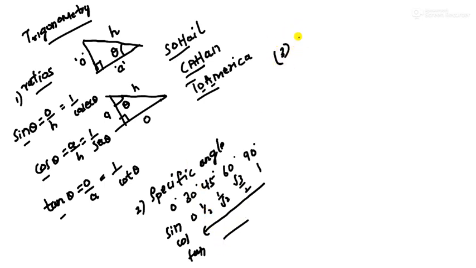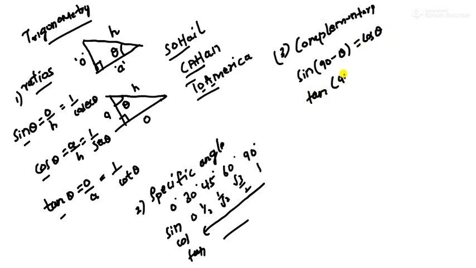After this you have complementary angles. Based on complementary angles you have this rule: sine of 90 minus theta becomes cos theta. And cos of 90 minus theta becomes sin theta.